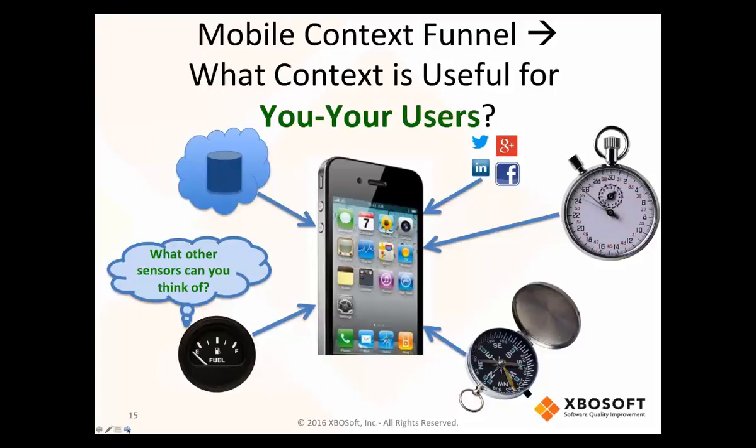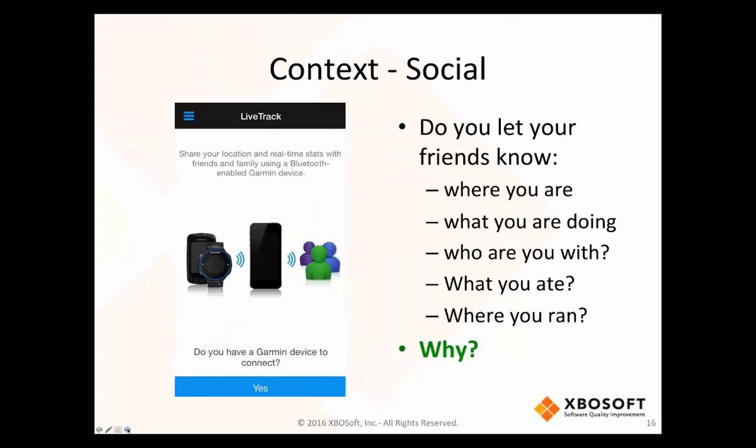So, I mentioned just a minute ago social being an important part of context. And a lot of these fitness wearable type apps have a sharing component with them, as far as how far you ran or who you ran with or things like that.